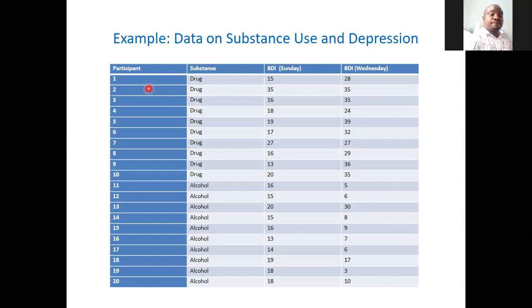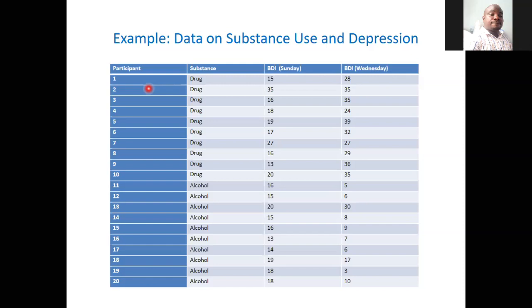So that is their way. They invented a lot of scales. I think it's a psychological scale anyway, but they give scoring, whichever way, it doesn't really matter. So this is just an example. For drug user and alcohol user, you apply the scale. These are the scores. We have a score on Sunday and on Wednesday.